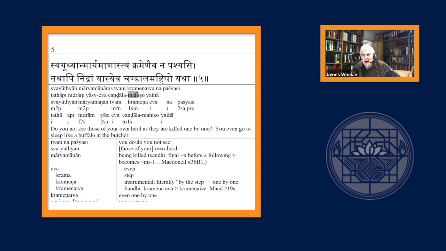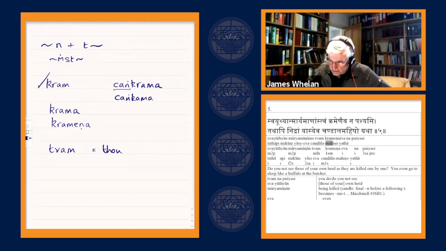By the way, let me just go to this root Mah. The idea is power or size or greatness. And we have it in lots of words in English and all through the Indo-European languages.